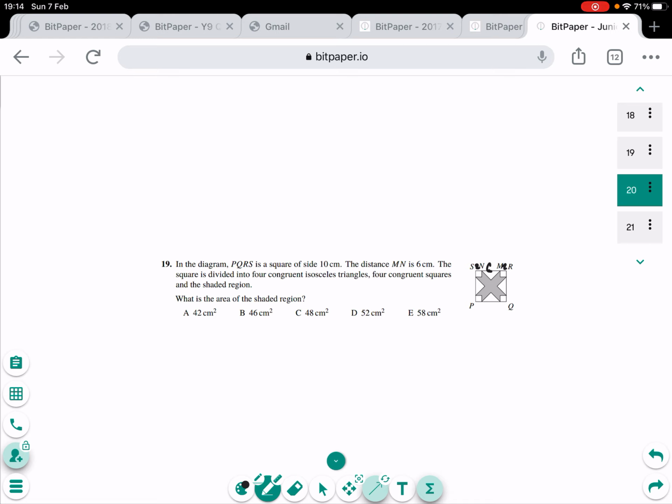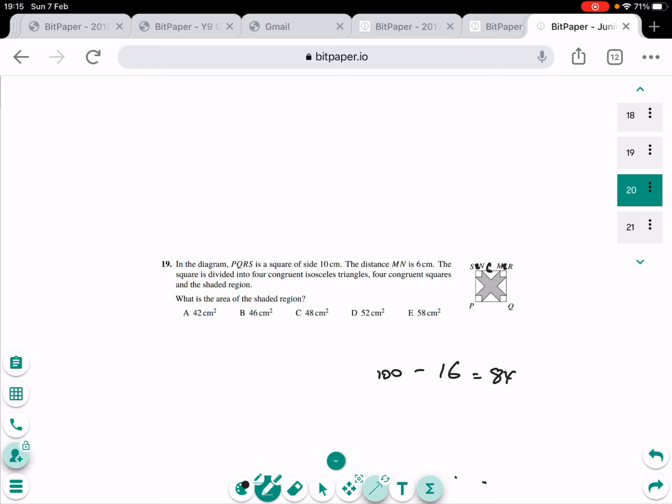So for this question, how you do it is, there's 100. You just take something off. So you do 100, the area of the entire square, minus 4 times 4, so 16, which equals 84. Then you need to take out the triangular regions.